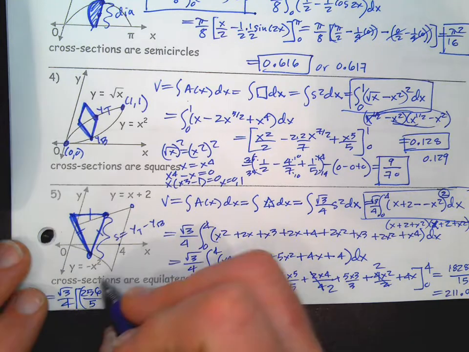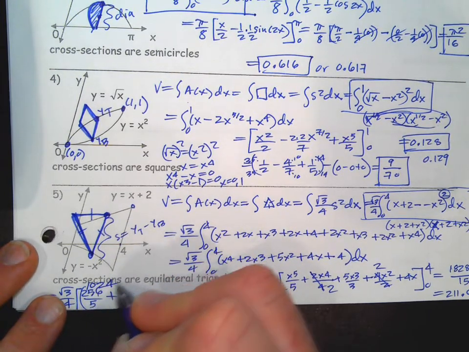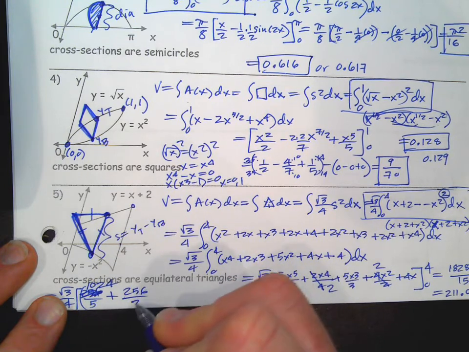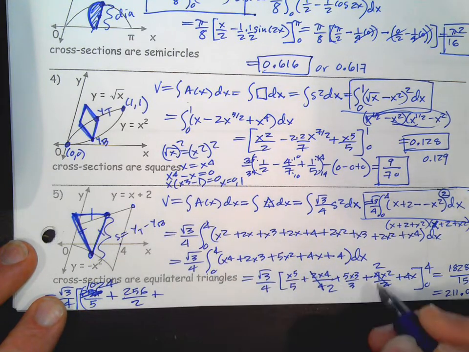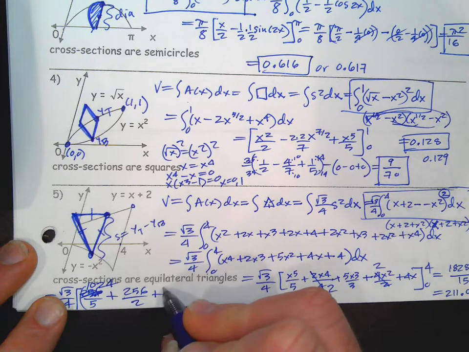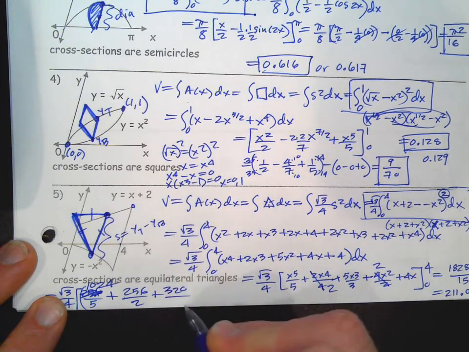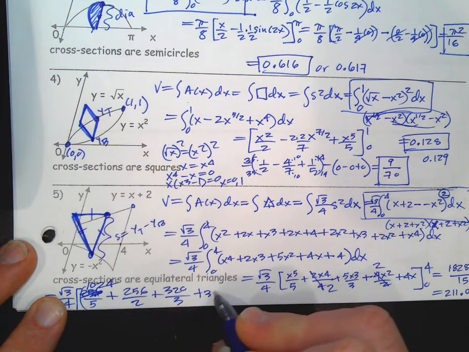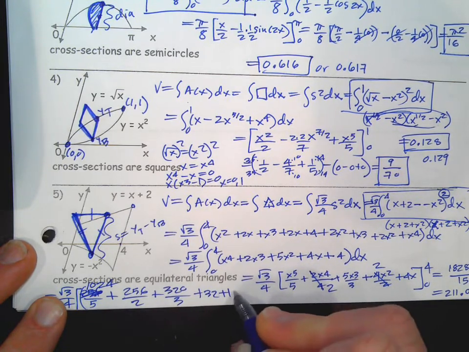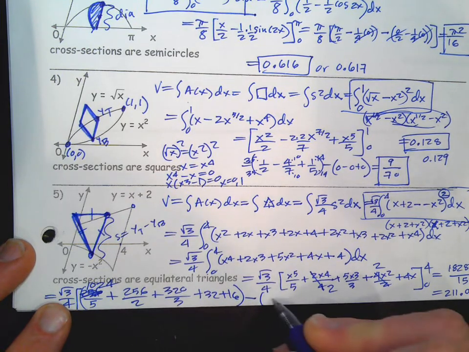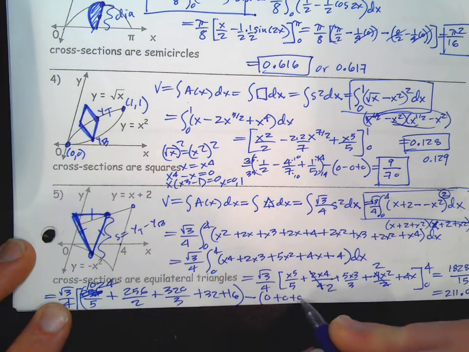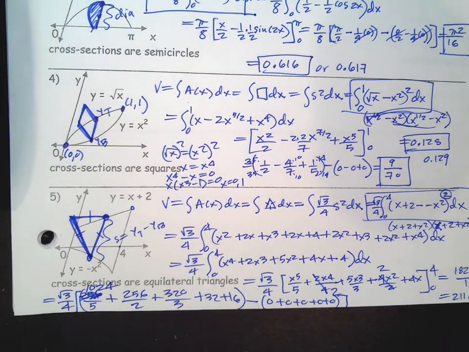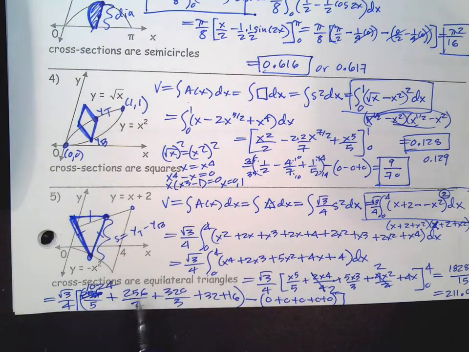It's 1024, then plus 256 over 2, and then plus 64, 320 over 3, and then 1632, and then 16, and then you plug 0 in, and it's going to be 0 plus 0 plus 0 plus 0 plus 0. And then you got to work on cleaning this up.